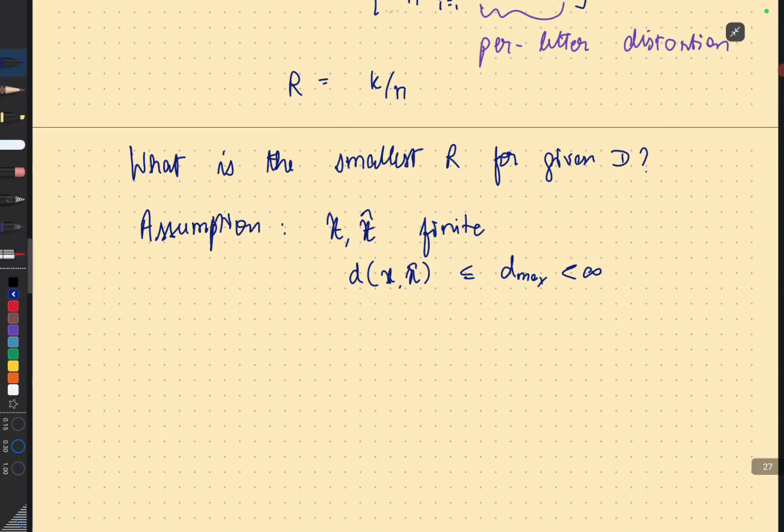So this distortion measure is going to be a bounded distortion measure, even when the x and x hat alphabets are infinite. We will still make this particular assumption.